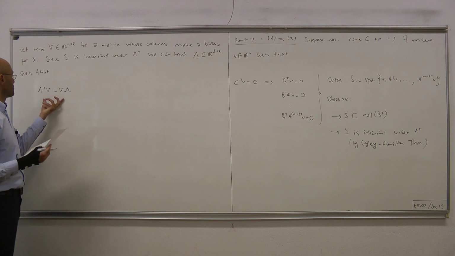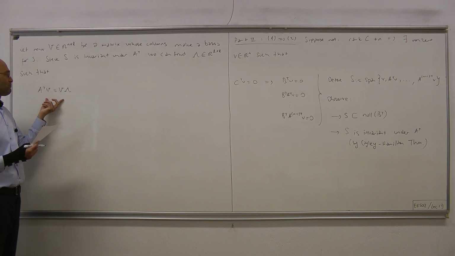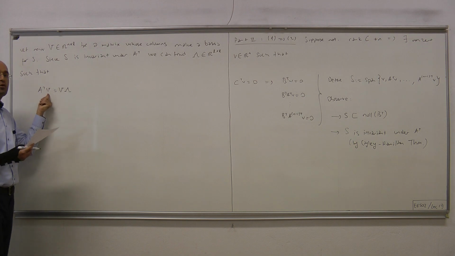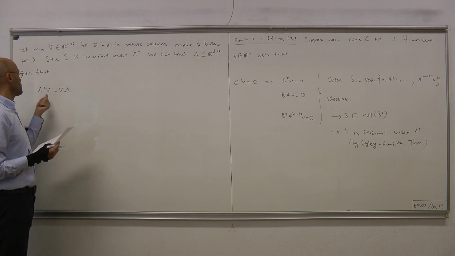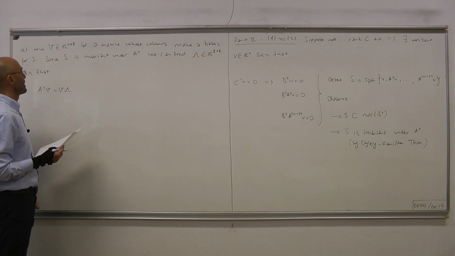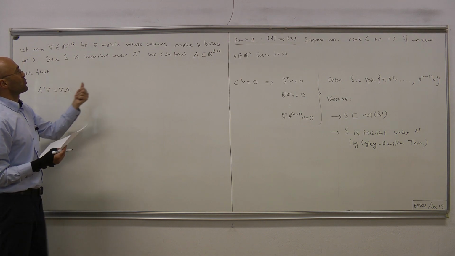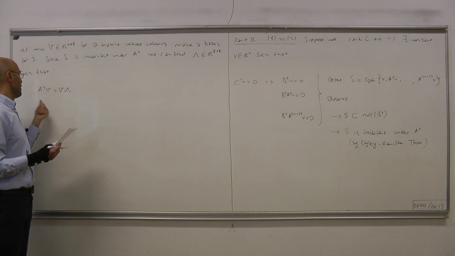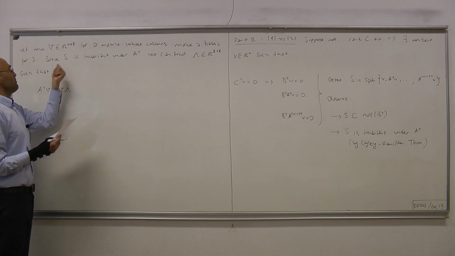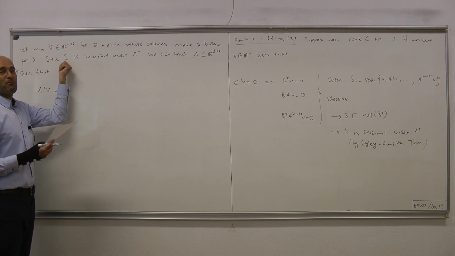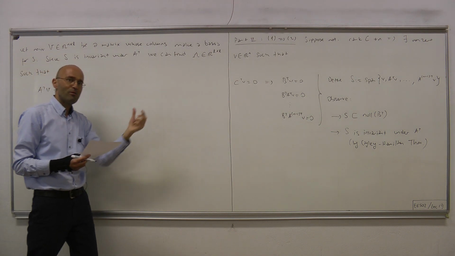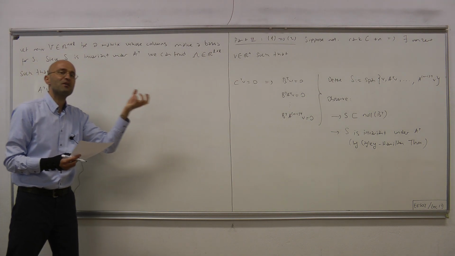Now let's interpret this equation. Take the first column of V, and A transpose times it. Since the first column belongs to S, A transpose times the first column is in S. So it can be written as a linear combination of the basis vectors, namely the columns of V. Each vector is multiplied by some coefficient.